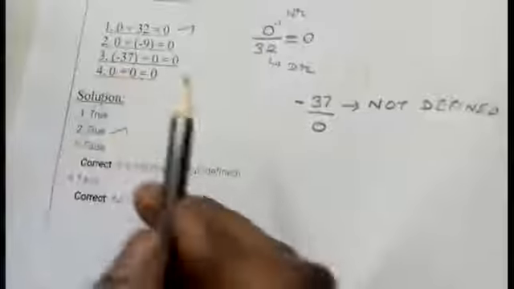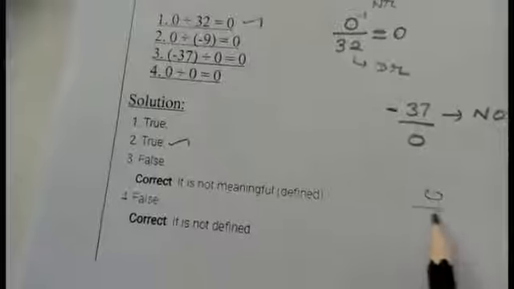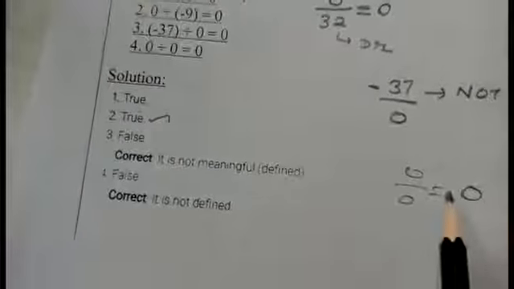Why is 0 divided by 0 false? If you see 0 divided by 0 equals 0, that is the logic, but they are telling it as not defined. So the answer is false. You can't get a value like this. 0 divided by 0 equal to 0 is not true. That is the thing they are telling here, students.